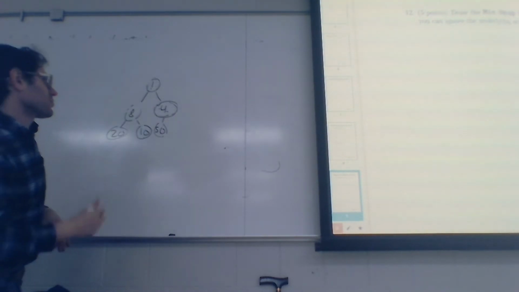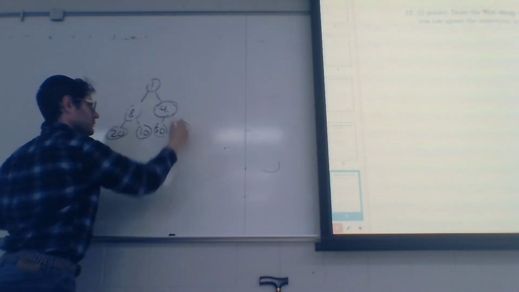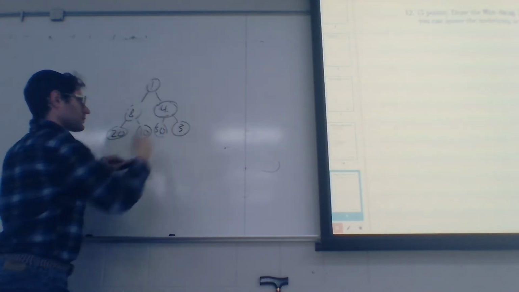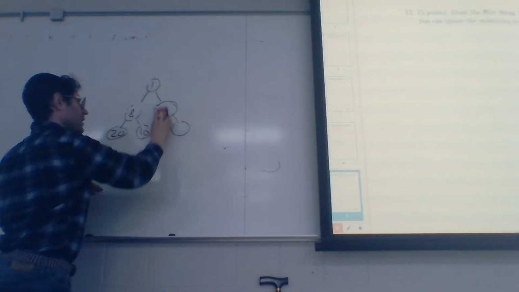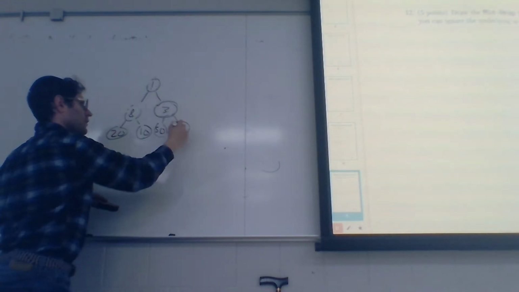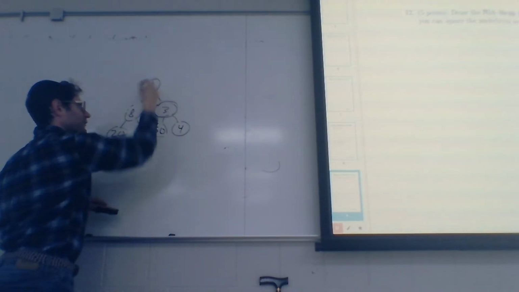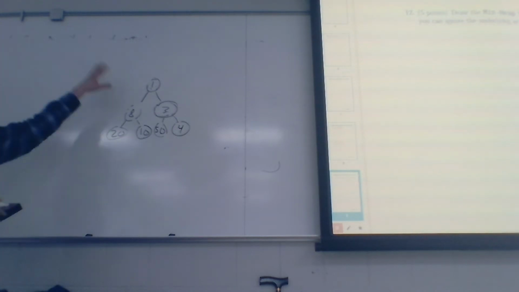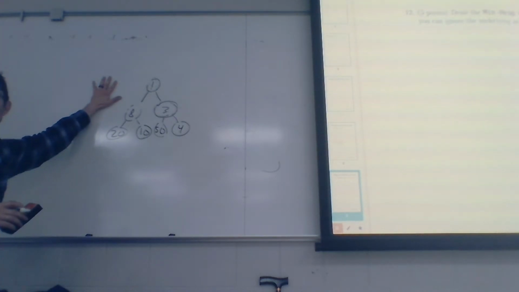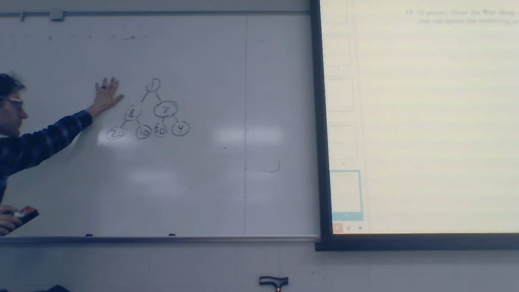And now we insert 3. 3 is lighter than 4, so 4 sinks down and 3 bubbles up. 3 is heavier than 1, so we stop. So this is the end result of our heap. Okay? You're going to get a question very much like this on the exam.